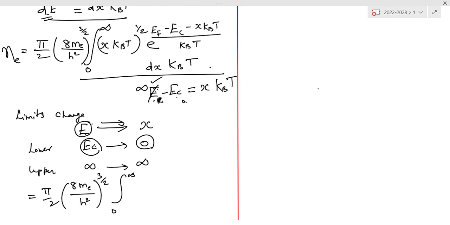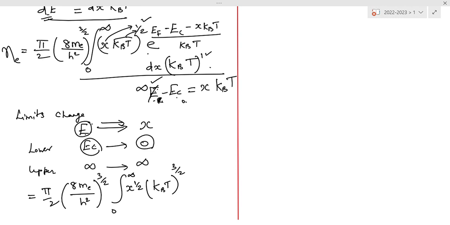Here we have x power half, kBT power half. Here I have kBT power 1. So I will be writing x power half kBT power 3 by 2, because 1 here, half here. I'll get 1 plus half in the powers, therefore kBT with the power 3 by 2.